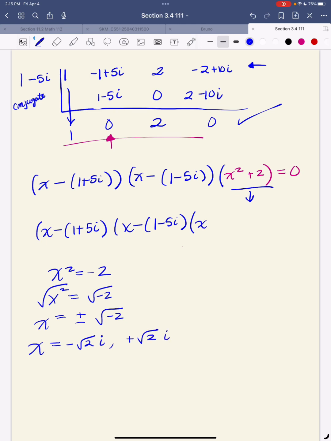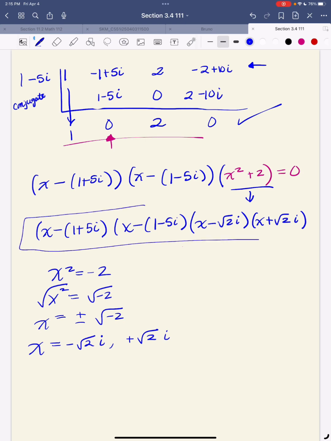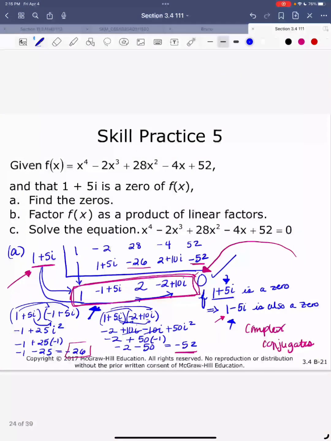So I've got x minus root 2i, and I also have x plus root 2i. These are my complex solutions, and this is the factored form that I was desiring. So in factored form, if I were to FOIL all of this back out, I would get back this 4th degree polynomial.